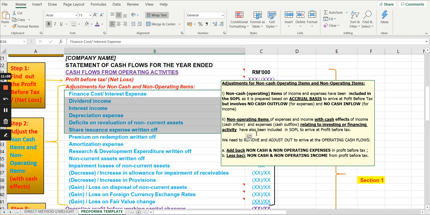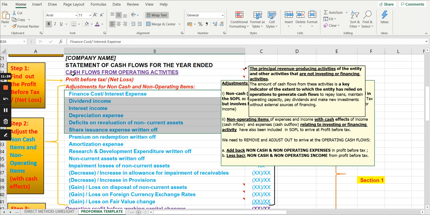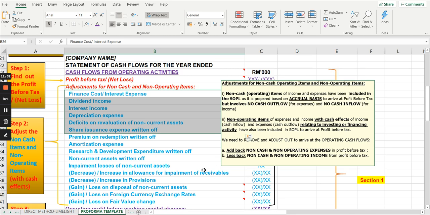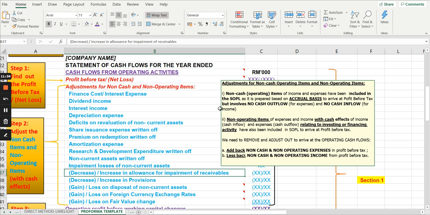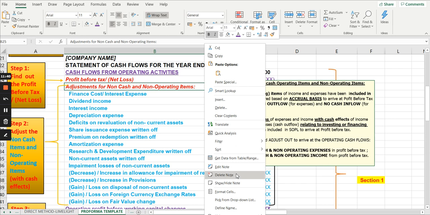So what we need to do is to remove or exclude these items in order to arrive at our so-called operating cash flow. Remember, we are preparing the statement of cash flow, so we need to do some reconciliation, converting those items to show the operating cash flow, which is based on cash basis.